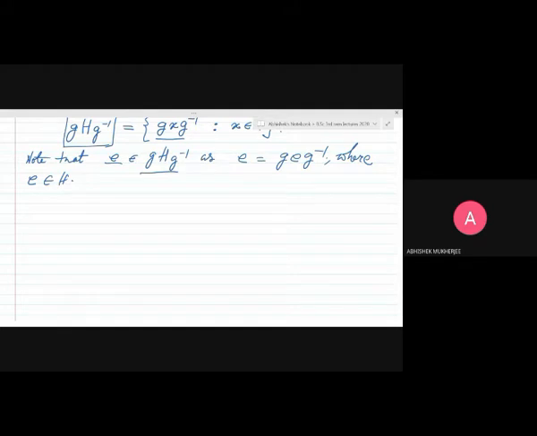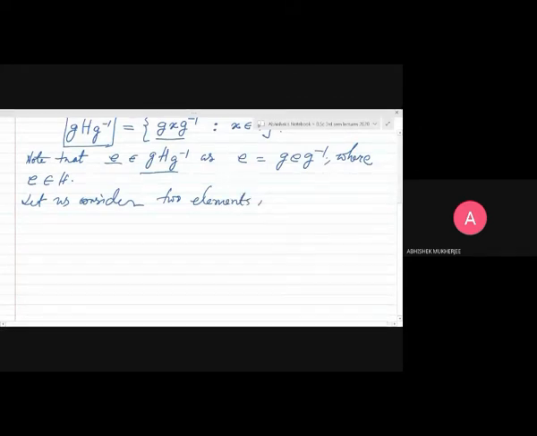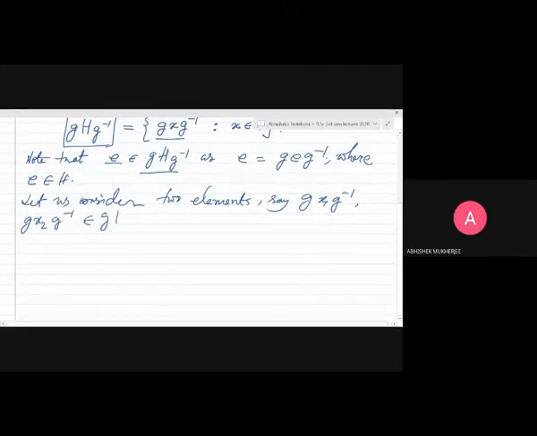So for proving this set is a subgroup, let us consider two elements, say G x1 G inverse and another one, G x2 G inverse, belonging to G H G inverse.